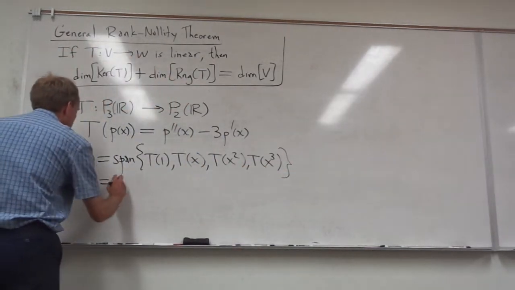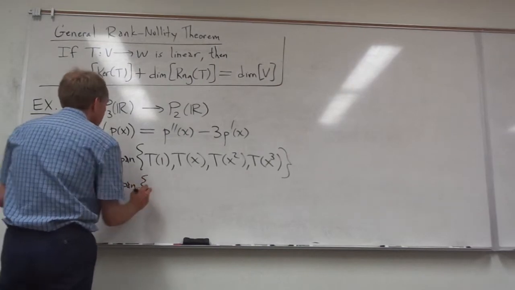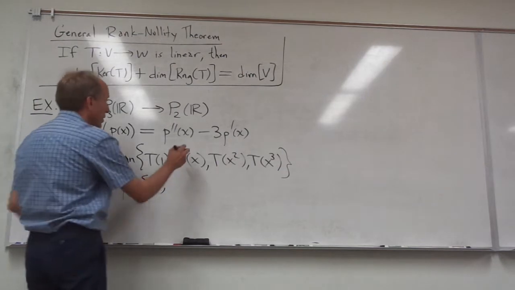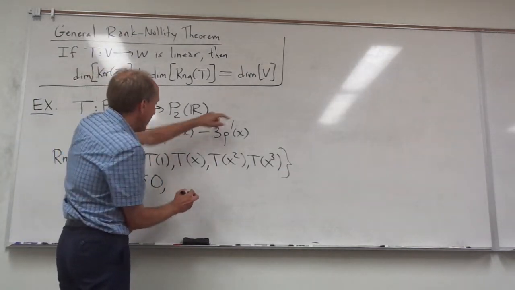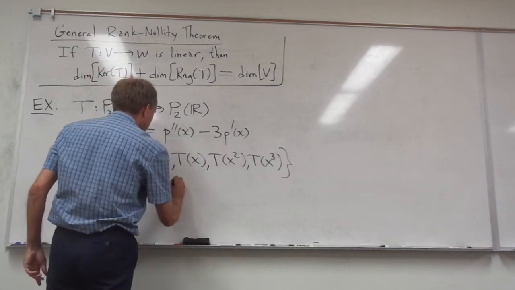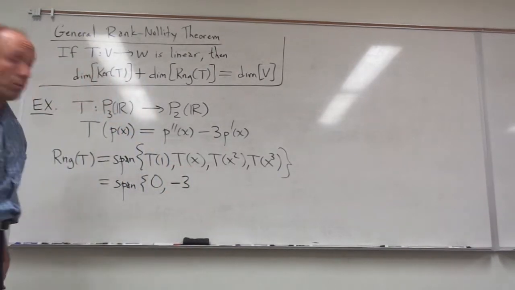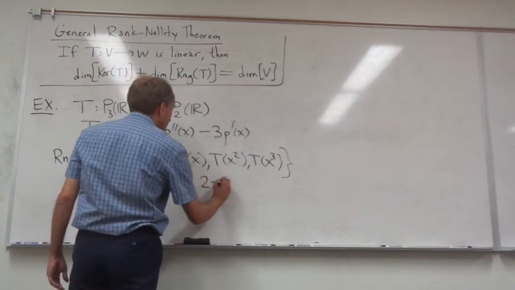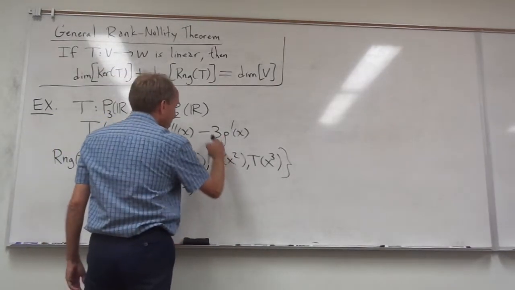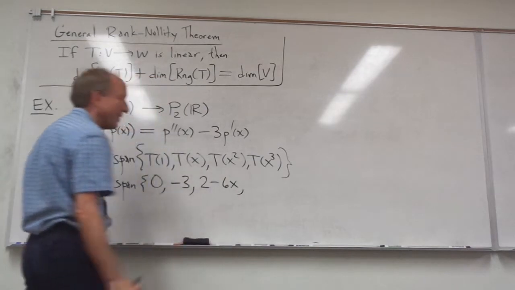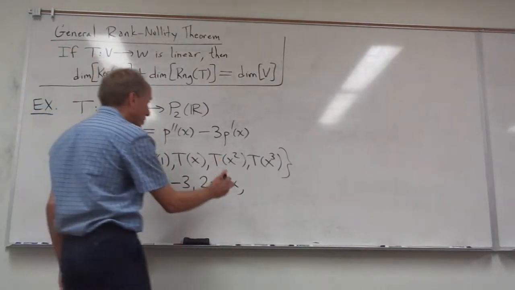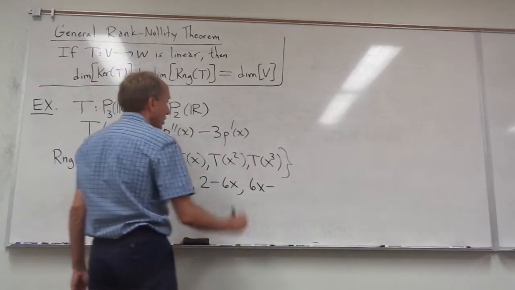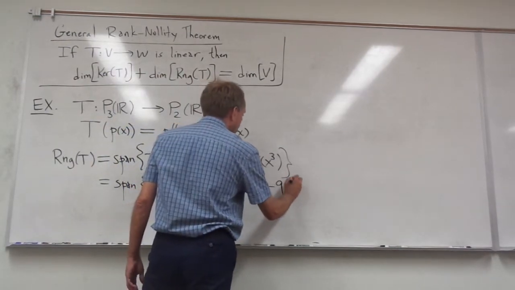And if you just transform those vectors, of course, when you transform 1, you get 0. When you transform x, you're going to get 0 here, minus 3 times the first derivative of x, which is 1. When you transform x squared, you're going to get 2 minus 3 times 2x, which is 6x. And when you transform x cubed, you're going to get 6x minus 3 times 3x squared, which is 9x squared.